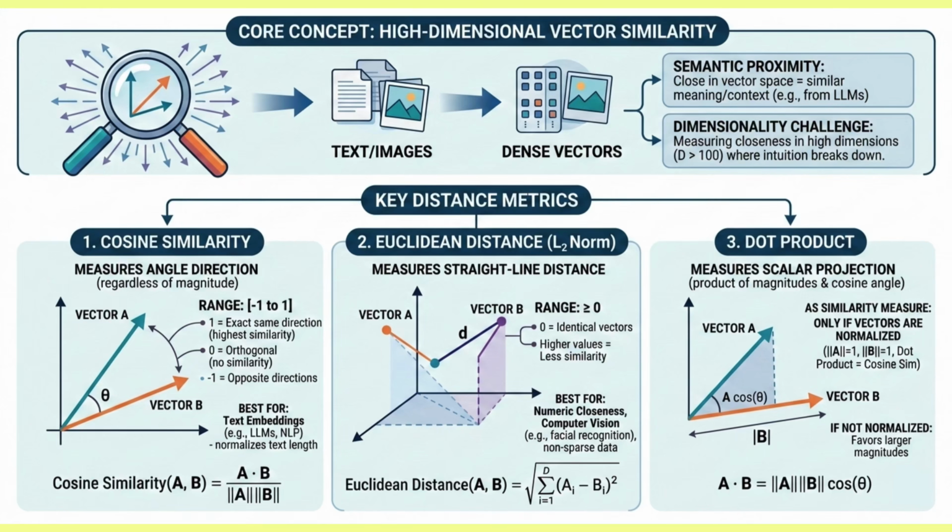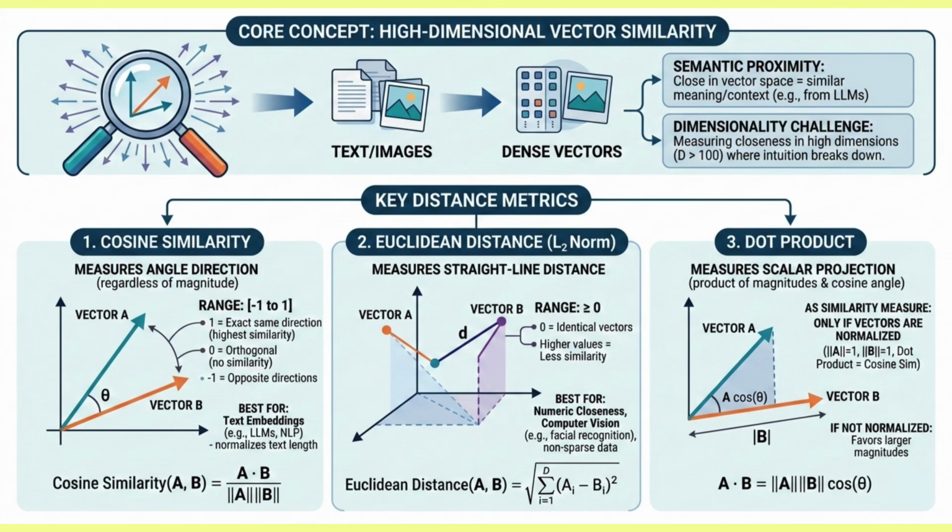The distance is a non-negative number. If it's 0, the vectors are identical, which means maximum similarity or minimum distance. If we have higher values, the vectors are further apart, which means minimum similarity or maximum distance.